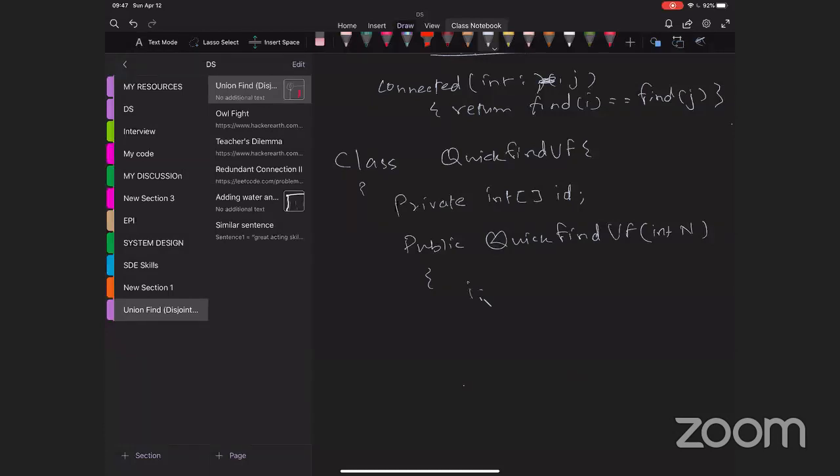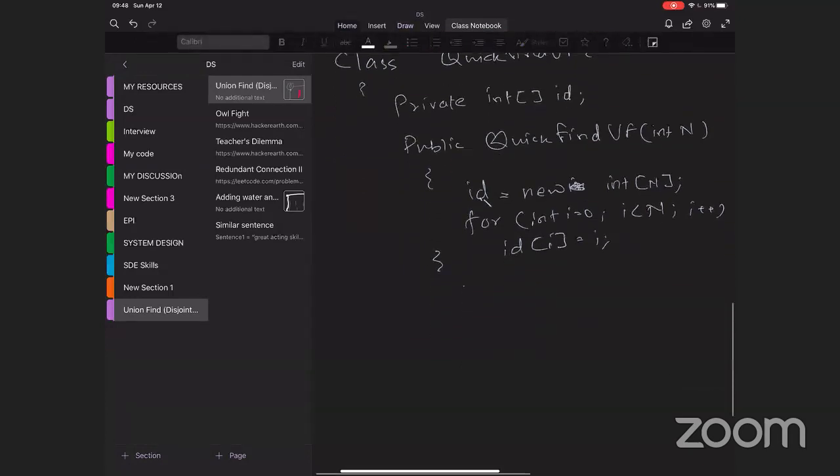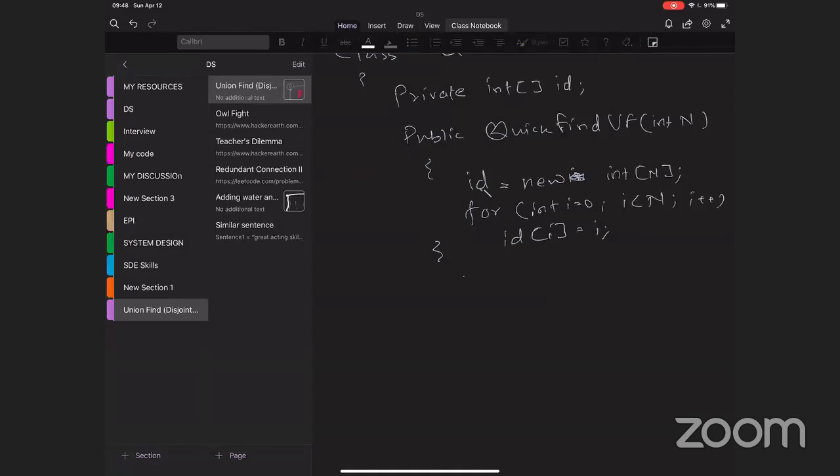Initially, each ID is basically itself. When we run through this code, we'll quickly talk about why and what it is going to do.